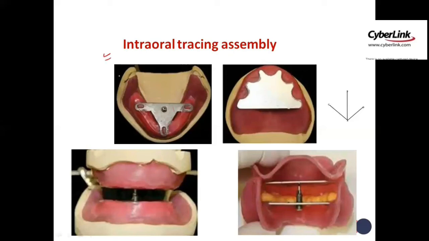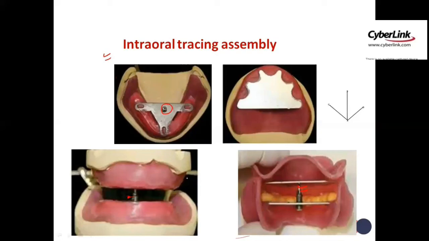The general concept of this technique is that a pen-like pointer is attached to one occlusal rim. This is a pen-like pointer. This one. This is your pen-like pointer. We will attach it to an occlusal rim, and a recording plate is placed on the other rim. When the mandible moves, the pointer draws a characteristic pattern on the recording plate.